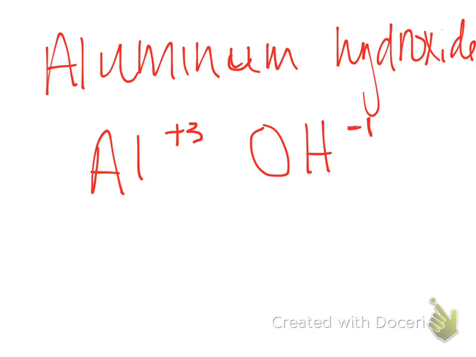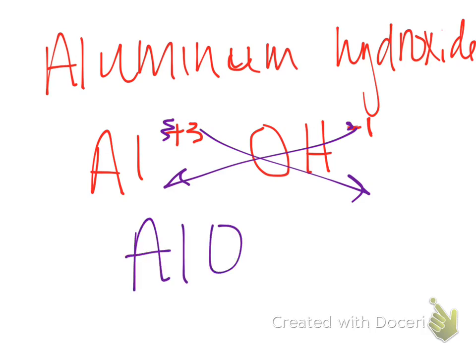If you just look at the charges themselves, you should be able to see that we need 3 hydroxides, right, to balance aluminum. It works the same way when we crisscross. So disregard our charge, crisscross them down. AlOH3. A lot of you will just want to leave it like that.